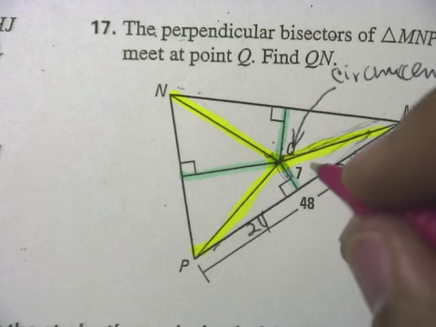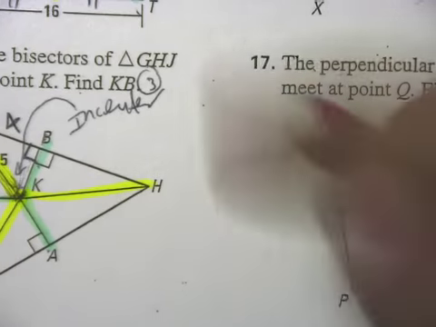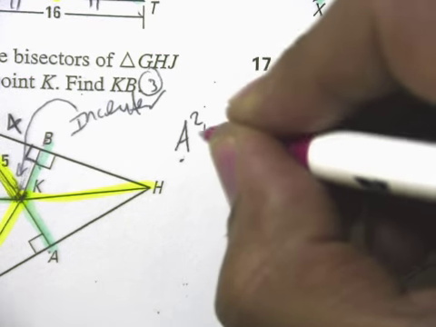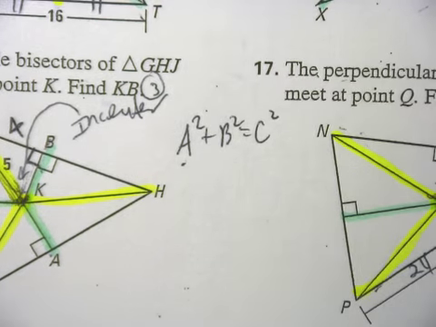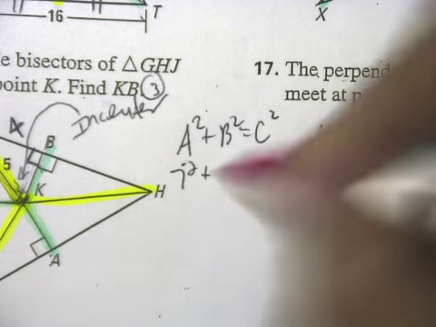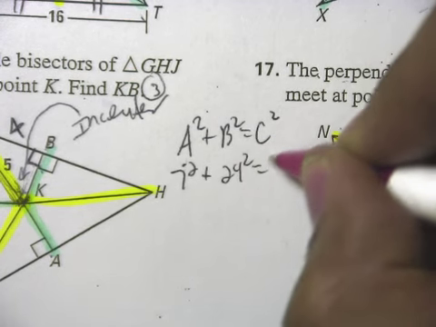And I am looking for Q to N, and that is Q to N. So I can find this side here using the Pythagorean theorem, where this is one leg, this is another leg, and this right here is the hypotenuse. So let's do the Pythagorean theorem.